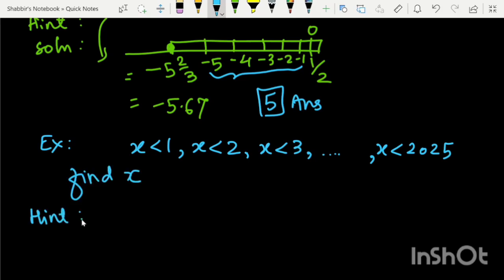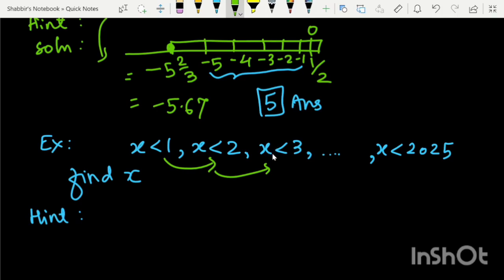So guys, the hint would be thinking that if you take a value which is lesser than 1, all those values would definitely satisfy this and this and so on, because x less than 1 is a subset of this.